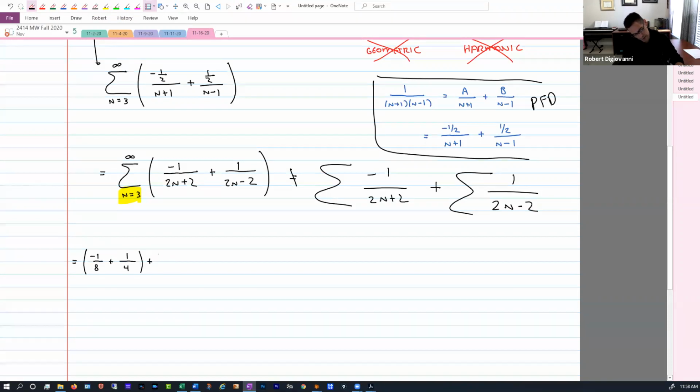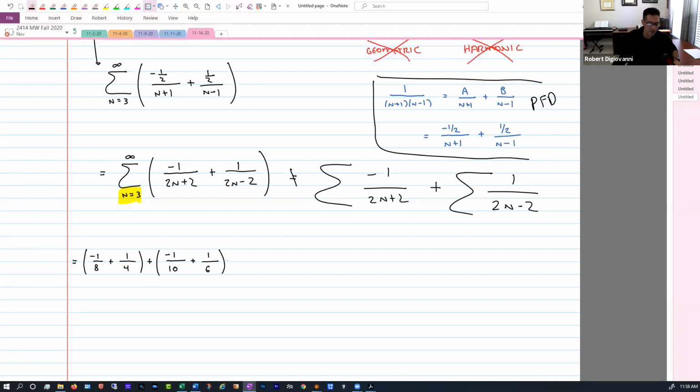Then we have plus, now what's the next one? Be careful. That was n equals 3. Now plug in 4 for n. So we get negative 1 over 2 times 4 is 8 plus 2 is 10. And then plus 1 over, plugging in 4, 8 minus 2 is 6, right? Boom. Yes?